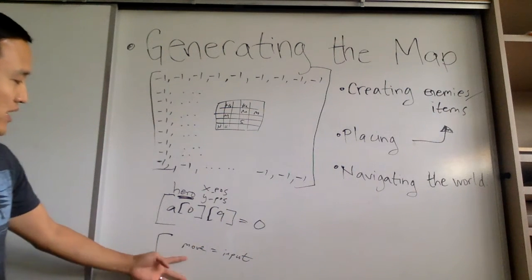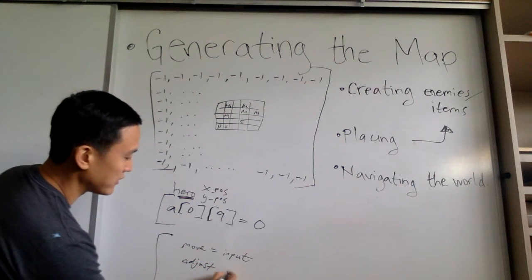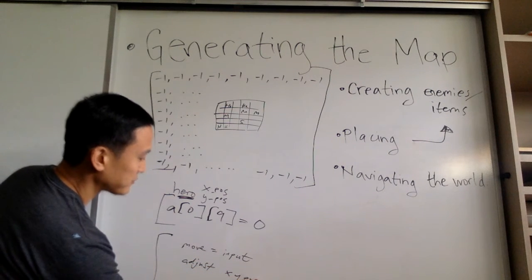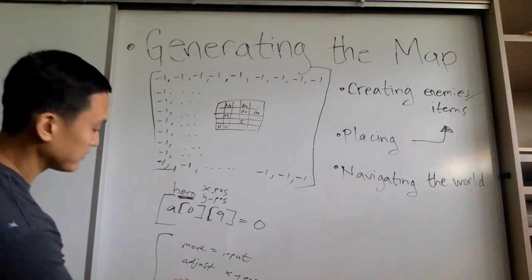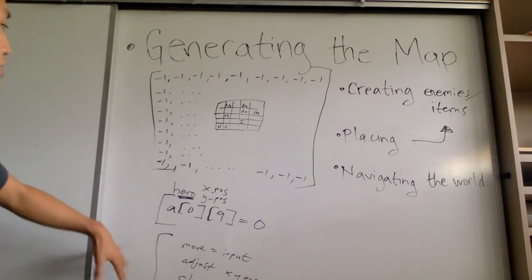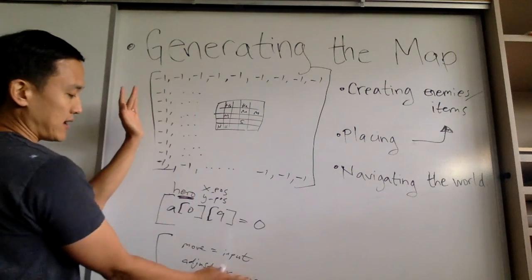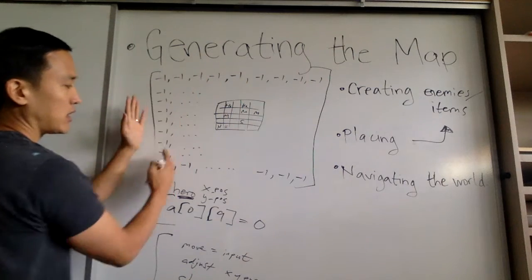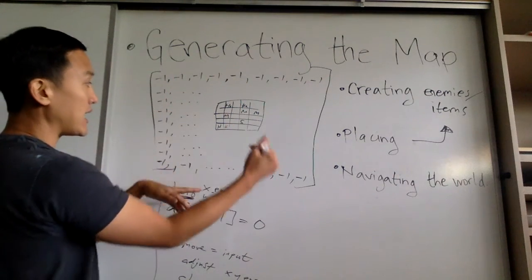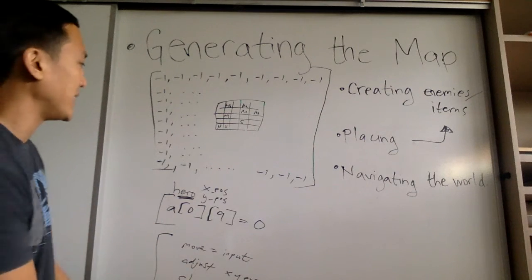And then as you take in your input, you're going to adjust your x and y pos, and then you're going to check. Right? So given the x pos and the y pos, what is check going to do? It's going to compare that x position, y position, which is row and column, to the 2D array, and if you find an item, then you're going to take the item, right?